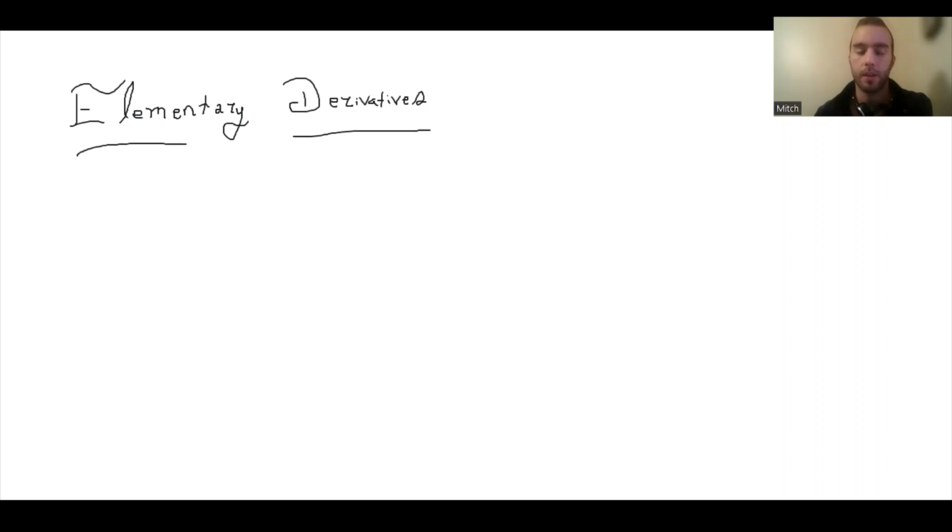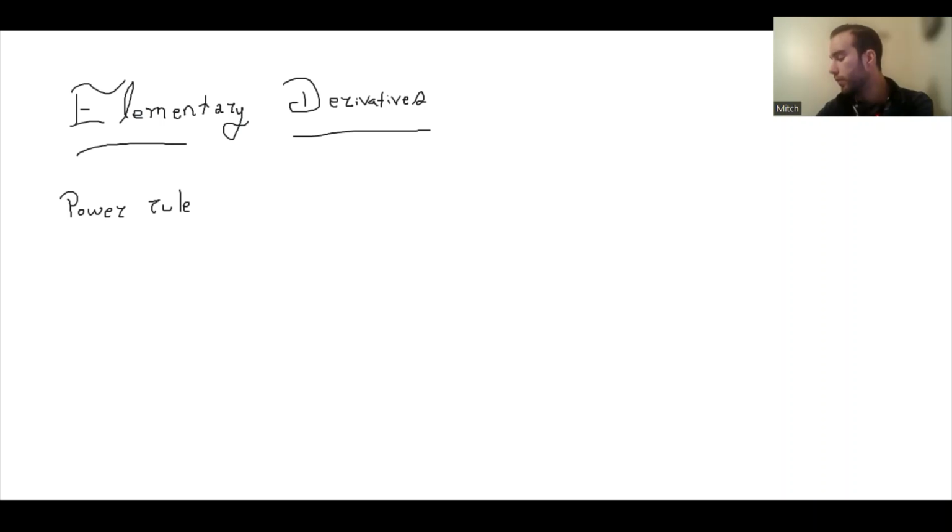First things first is the power rule. This would be for our polynomial functions, and also any square root functions or the reciprocal functions too. Anything with a power, with an exponential, we have a pretty simple rule here for taking the derivative.